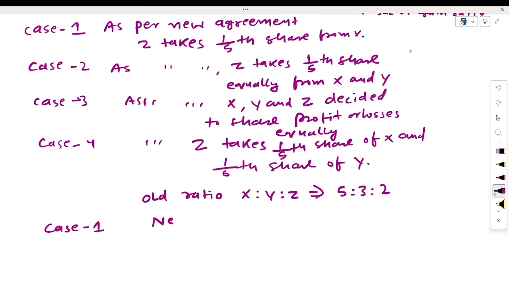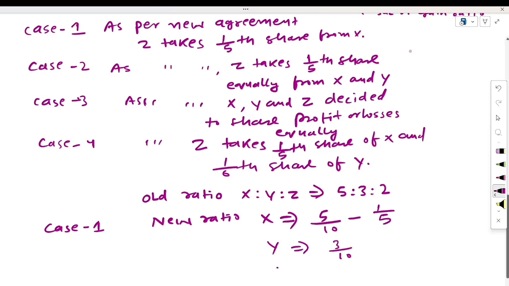What would happen here? In the new ratio, X is 5 by 10 minus 1 by 5th, since Z takes it from X. Y's ratio will be as it is, 3 by 10, and Z's ratio would be 2 by 10 plus 1 by 5th.